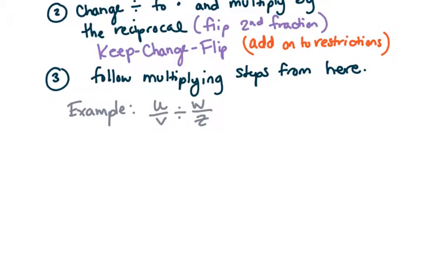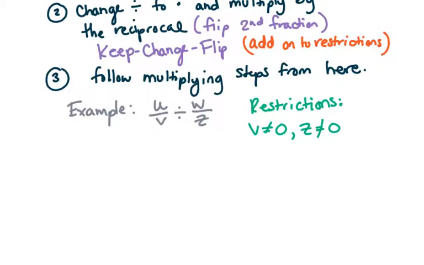And so this basic example, I don't have anything to factor, but I am going to list my restrictions. So my restrictions are that v cannot equal 0. Z cannot equal 0. All right, and so those are my two restrictions.